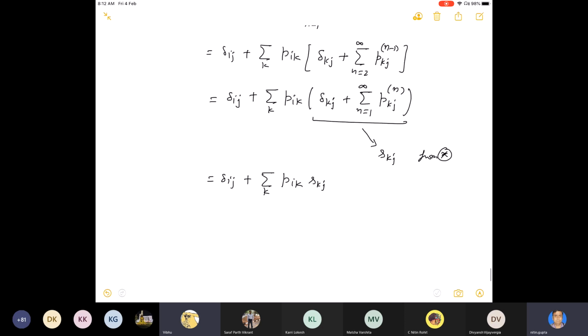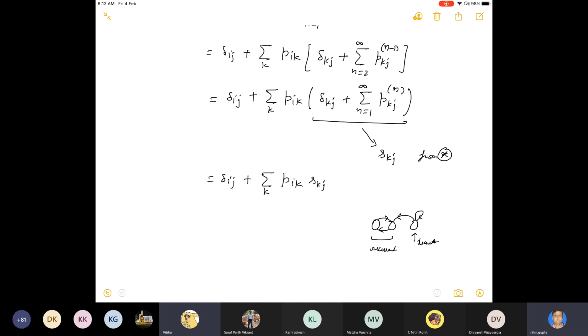But we know that if we have some recurrent states and some transient states, let us say something like this. Okay, so these are recurrent. This is transient.